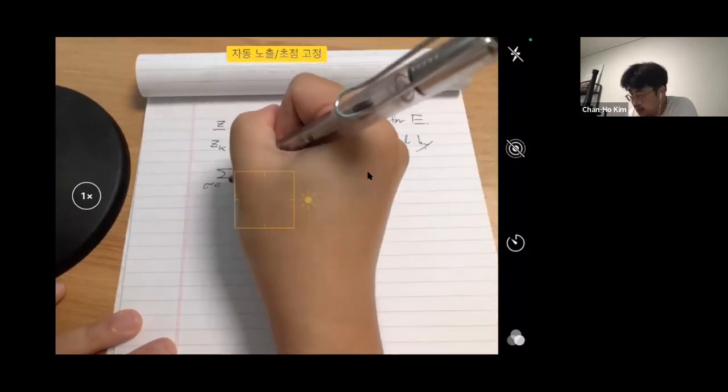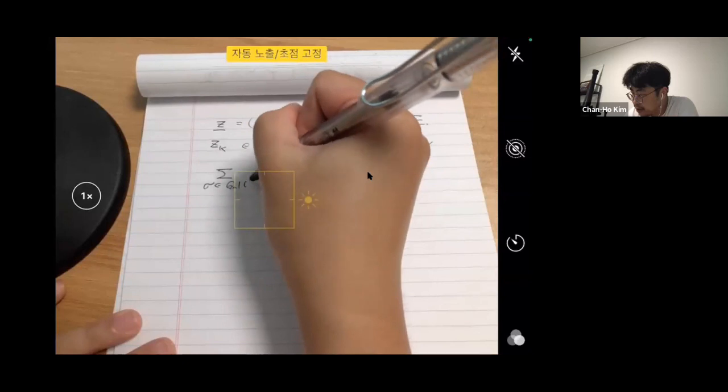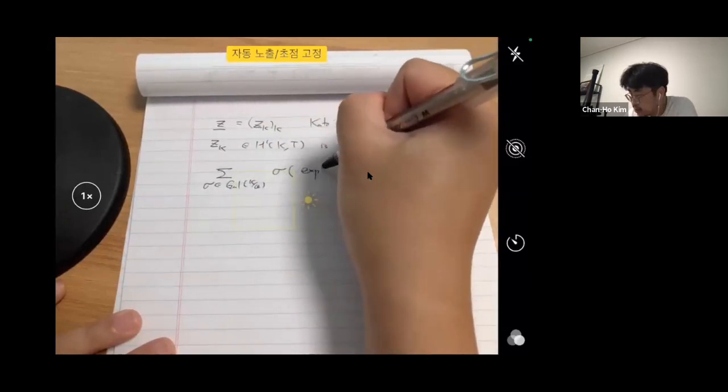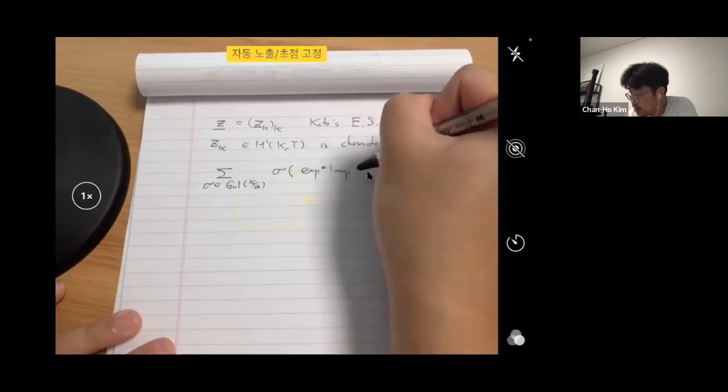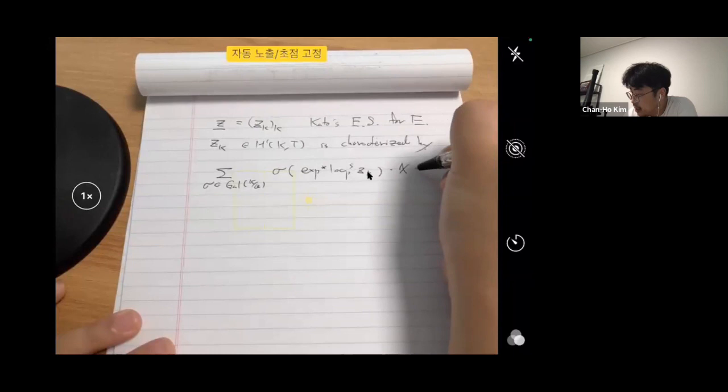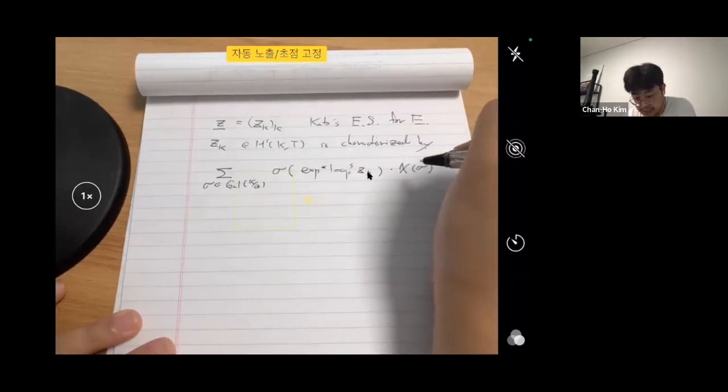Sigma runs over the Galois group of K over Q, and sigma acts on the dual exponential localization, ZK times chi sigma.